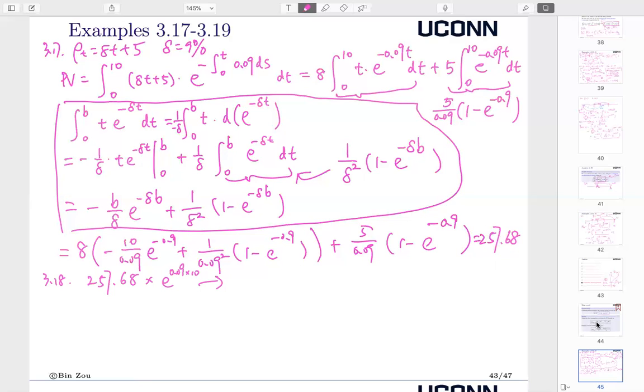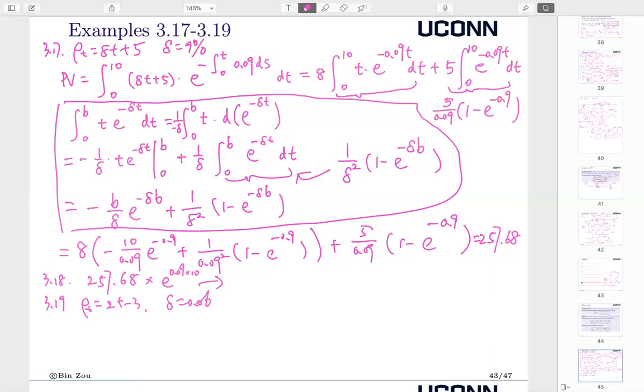3.19. So you have this payment from 2 to 7. The continuous payment starts at time 2, ends at time 7. The payment rate is 2t minus 3, and the force of interest is 0.06.